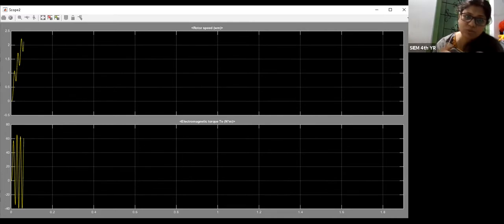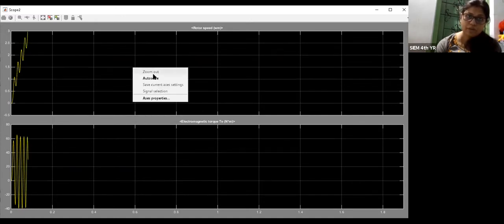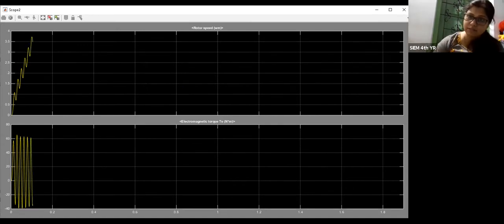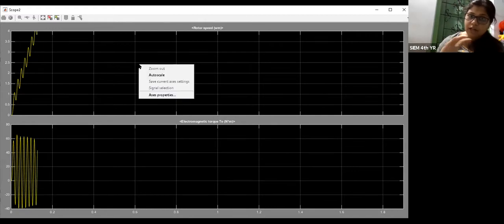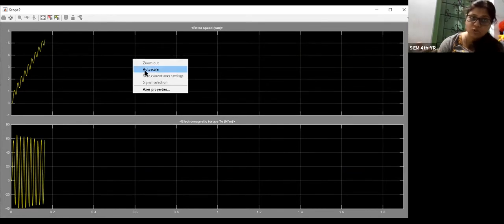We are changing the simulation method just to get a better output waveform. But the pattern of the rotor speed graph and the electromagnetic torque graph is the same for each and every solver method. We can change the solver method to get a better output.